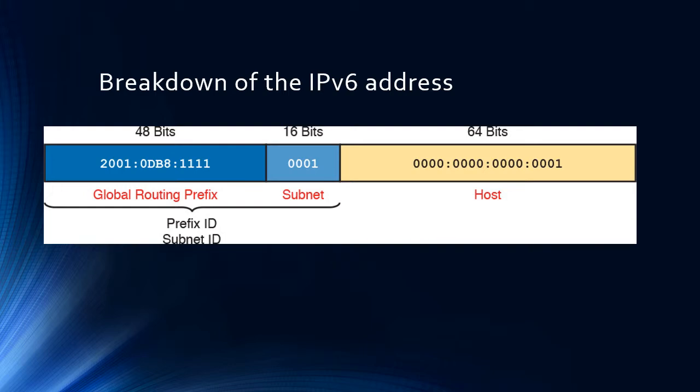The global routing prefix would represent an identifier for a country, followed by the subnet, which would represent your zip code, and lastly the host bits would represent your unique mailing address. IP version 6 serves as an all-in-one package for addressing, unlike IP version 4, which uses different processes to route data to IP version 4 addresses.